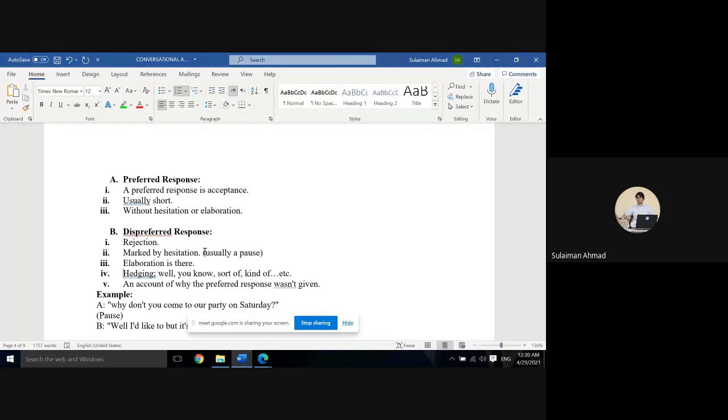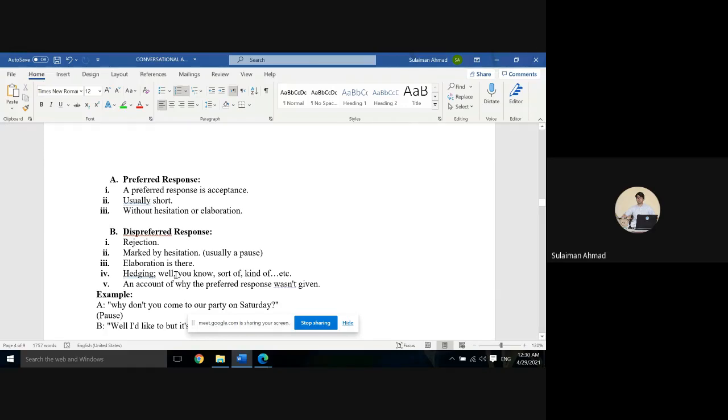So when we want to reject an invitation to a party or a marriage ceremony, we say, actually, well, it's a kind of, I have got a kind of busy routine, so kind of, well, I think, I guess. These are the various hedges we use.